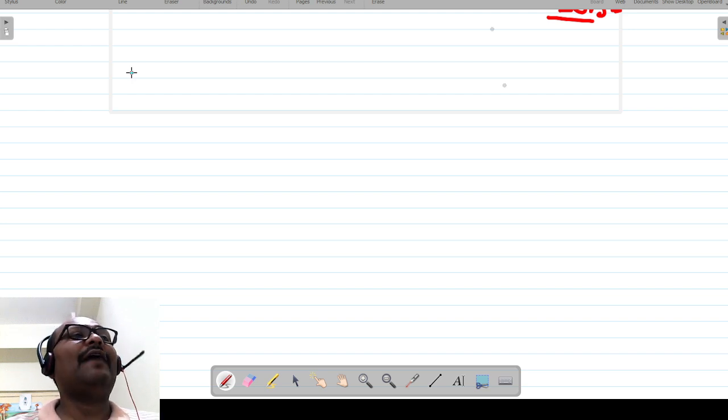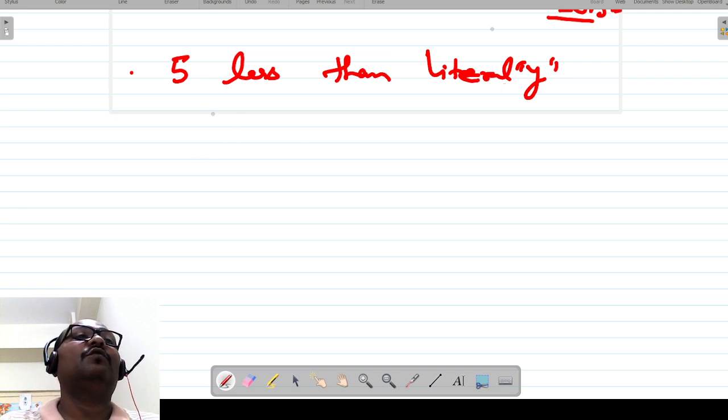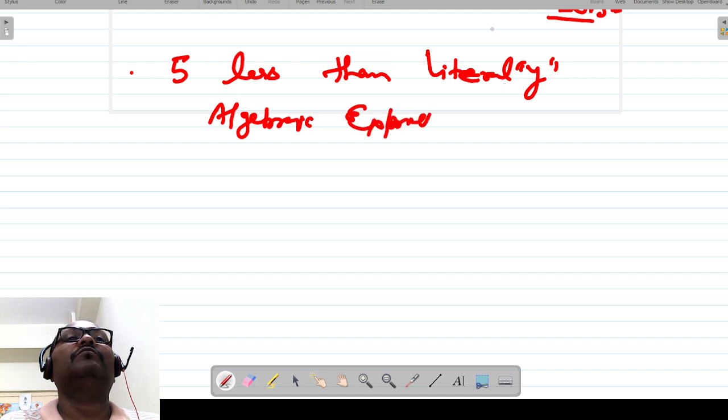Suppose 5 less than a literal y. The question is that 5 less than literal y. That means what will the algebraic expression be? The algebraic expression will be 5 less.